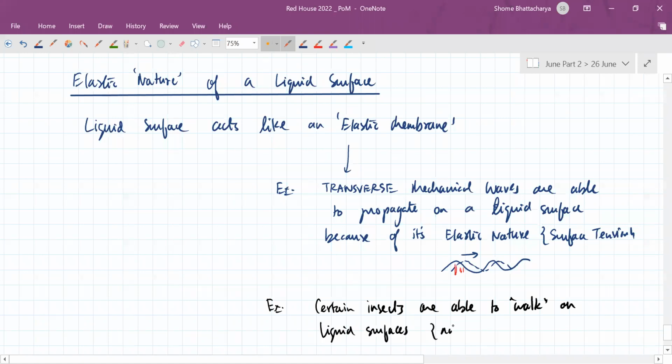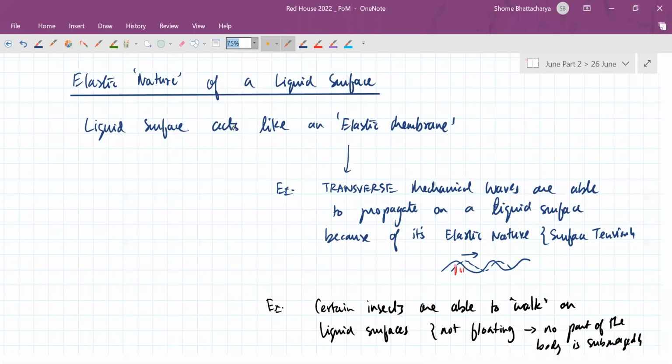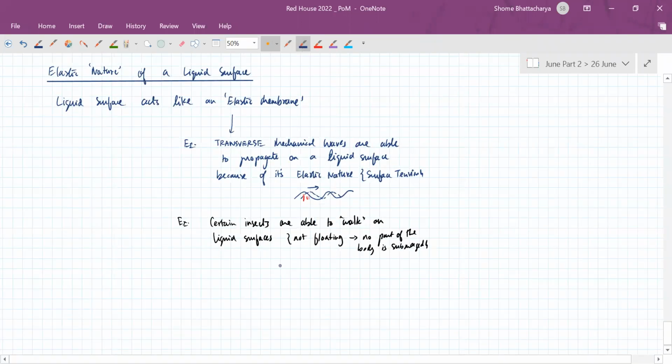They're not floating. No part of their body is submerged. That is because the elasticity of the surface is able to support their weight.